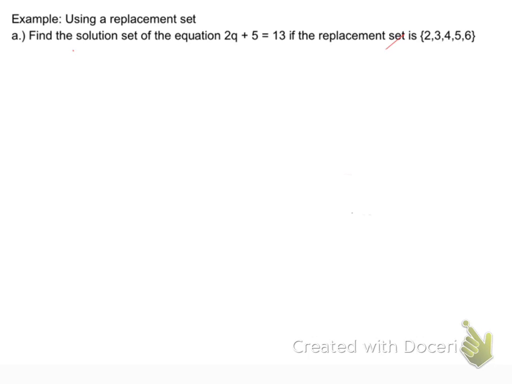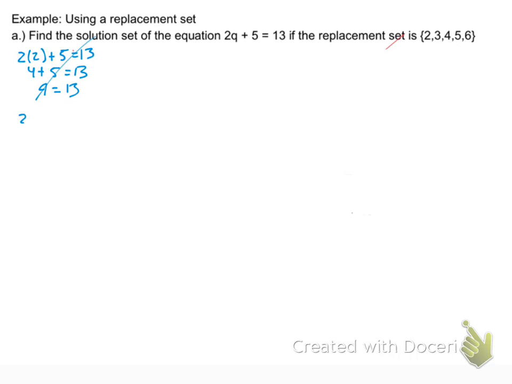So the first one is 2. So I am going to do 2 times 2 plus 5 equals 13. 2 times 2, 4 plus 5, which equals 9. 9 equals 13. Is that true? No, doesn't work.